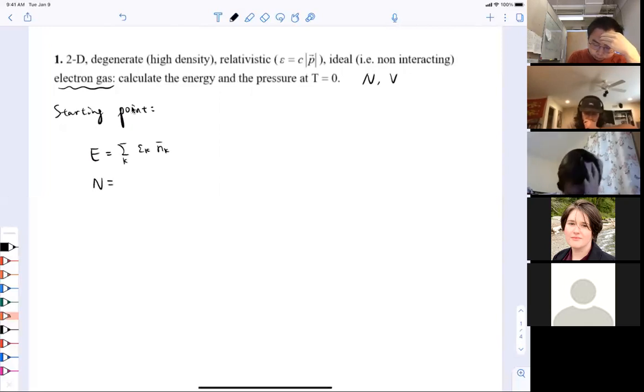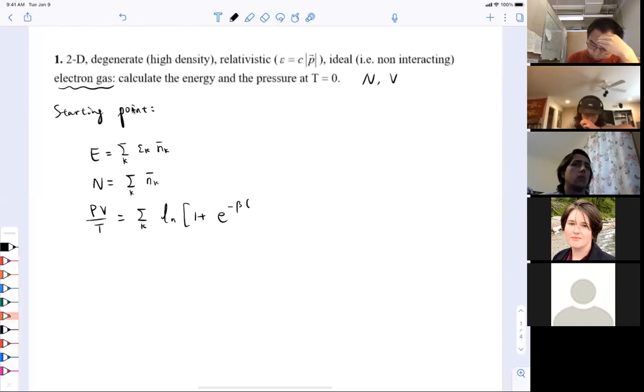The number of particles is given by this, and also there's one more: PV divided by T is given by this. With epsilon minus mu, right? And this is a Fermi distribution.